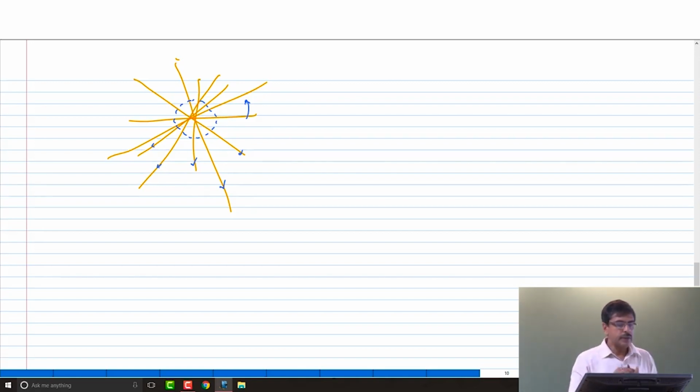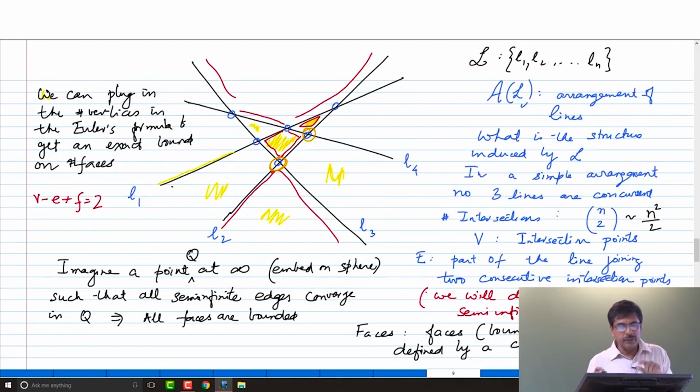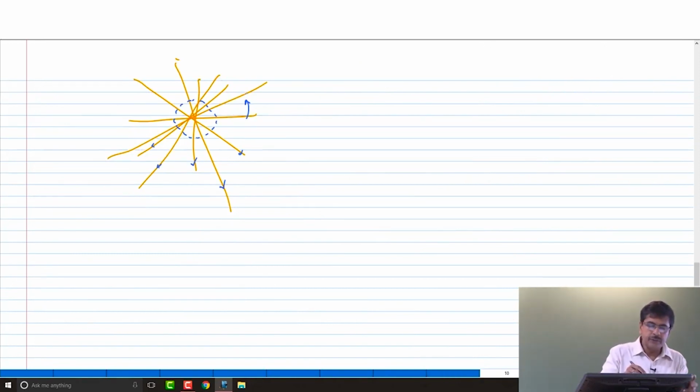Then, as I argued, every intersection point is uniquely associated with a face, because it is the lowest point of a face. So, there are n choose 2 such faces, plus there are these faces which are unbounded faces. And how many unbounded faces are there?